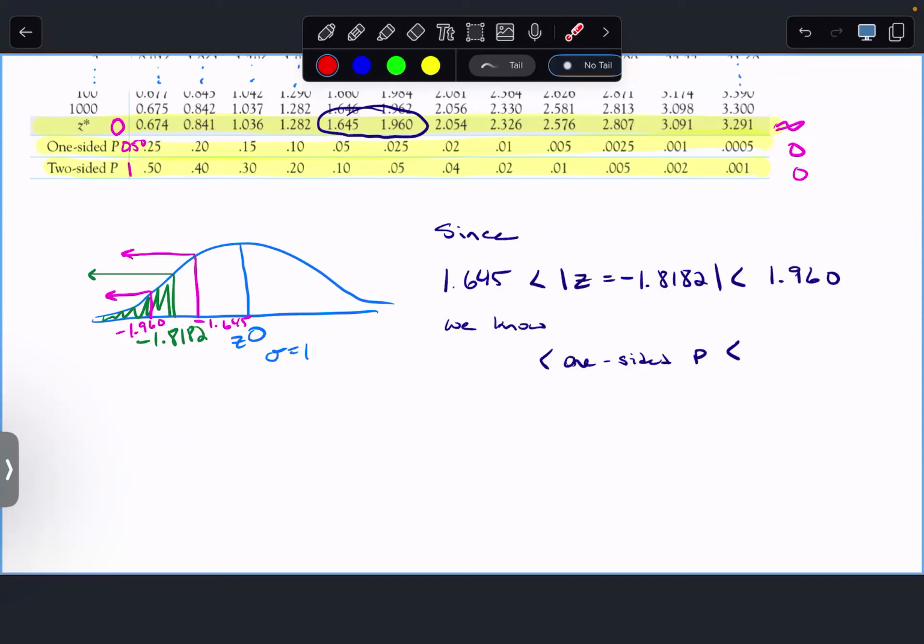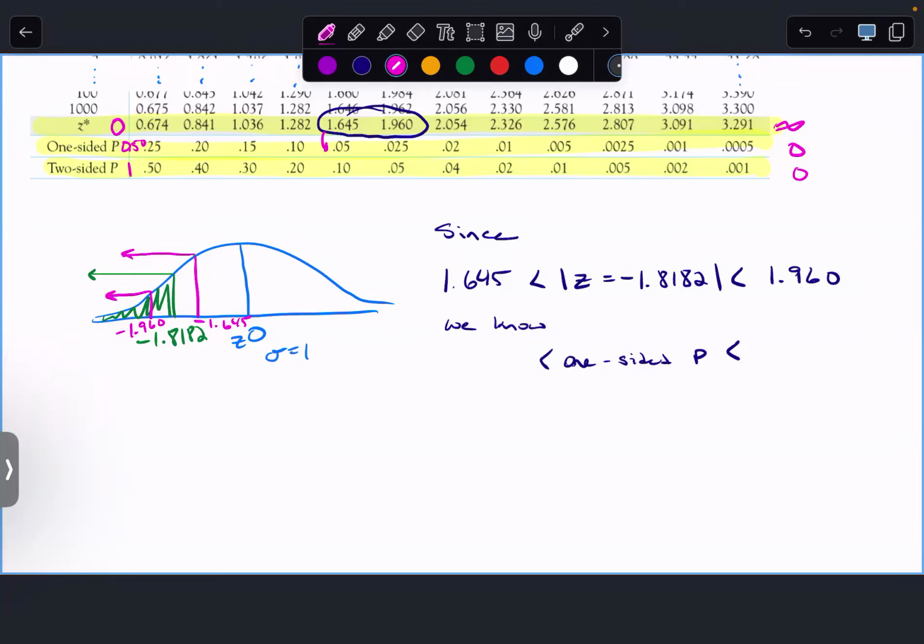And I encourage you to do the same because it trips me up if you use opposite signs and I really have to think about it. As long as what you're saying is technically true, then that's fine. But I use the same inequalities as before. And notice how I put the one-sided P between two values. That's where it's helpful to draw it out like this, remembering that negatives are increasing as you move to the left instead of the right.